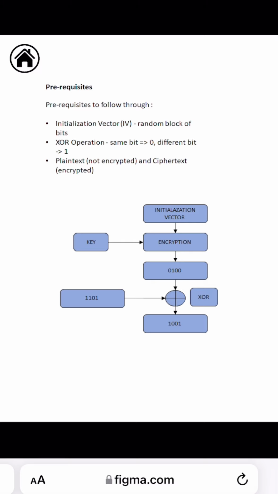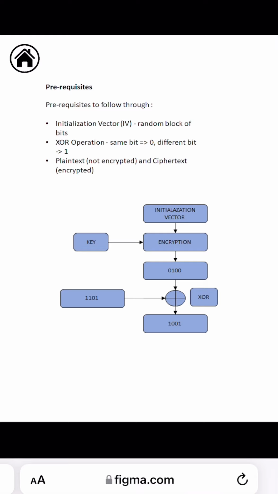The next one is the XOR operation. The operation basically takes two messages and compares them bit by bit. If both bits are equal, the output bit will be 0. Otherwise, the output bit will be 1.